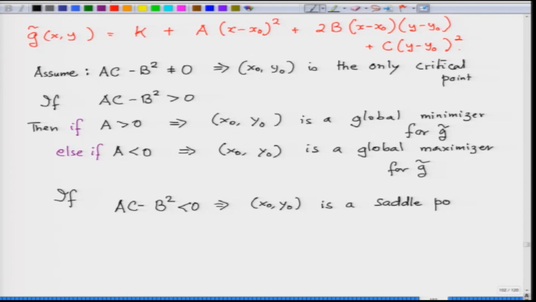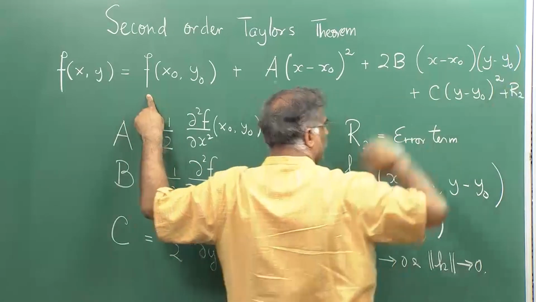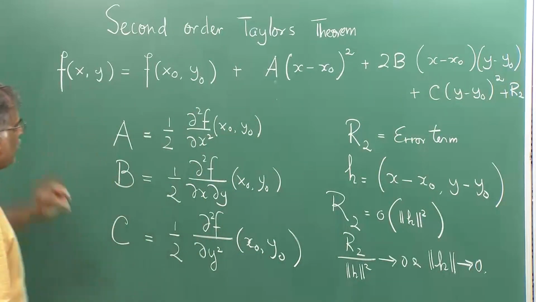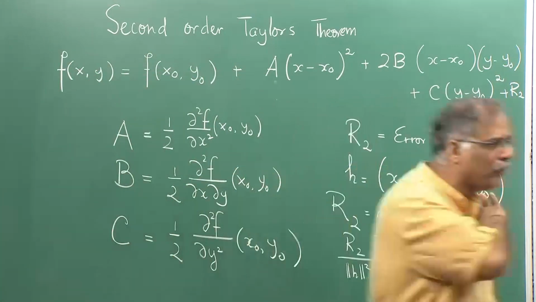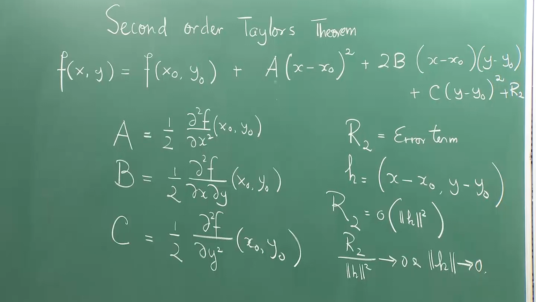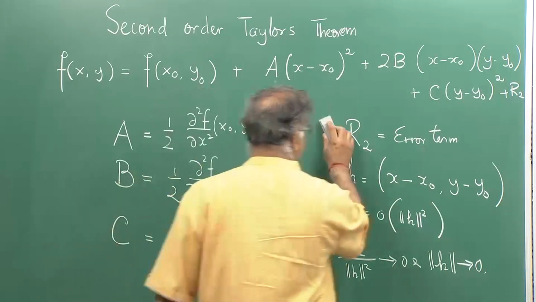So, can we translate? This is the general quadratic form for which we determine how x naught y naught is a minimum. Can we translate it to the function where it is a general quadratic form, but with the error? When we take x and y very near to x naught y naught, we will forget about that error, and here we will form our AC minus B square.